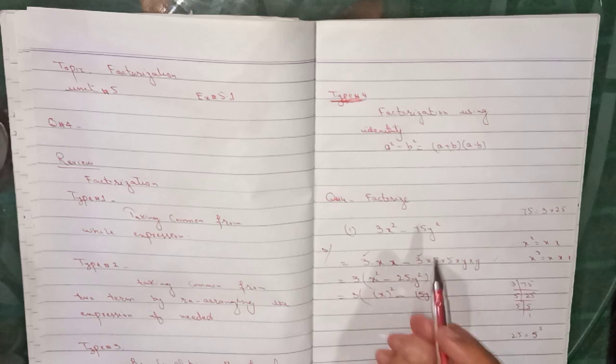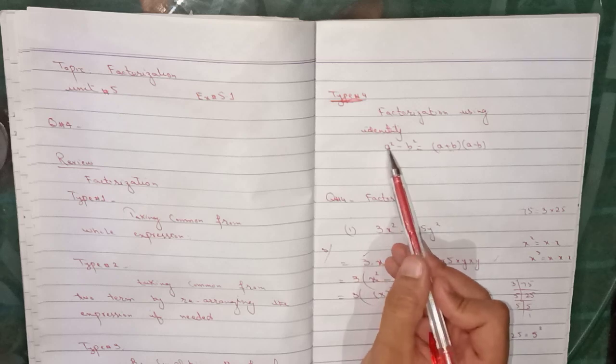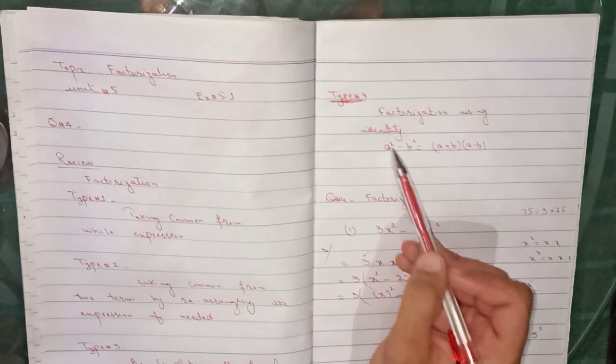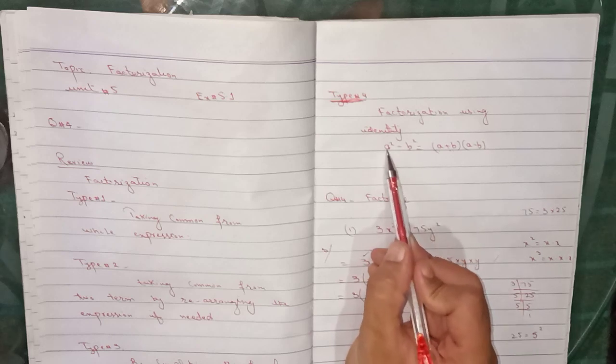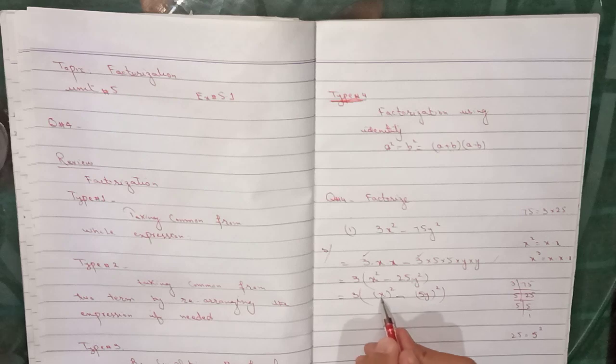Now see this, in the left hand side we have a type like this: x whole square minus 5y whole square. It means we are given the left hand side, that is a square minus b square, and this is a square. What is a here? a equals x. This is b square.